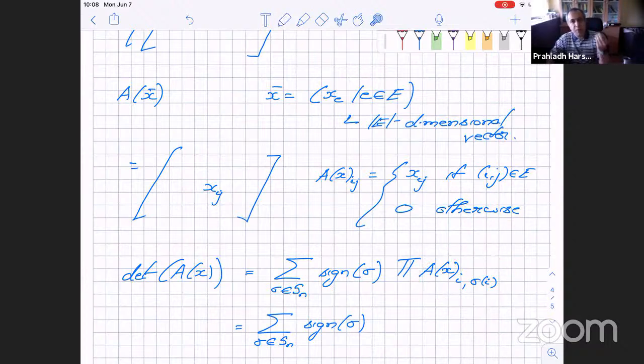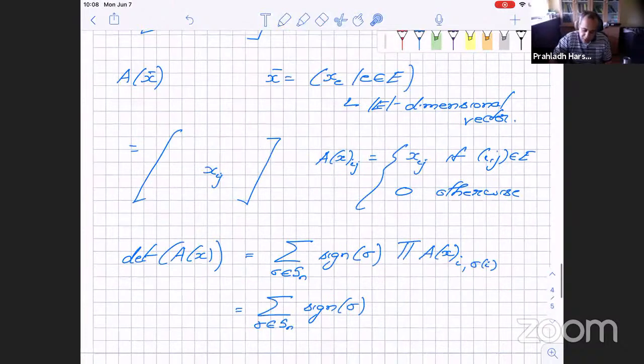This term will survive only if all the edges in the matching are actually there in the graph. Otherwise, this term will become 0. So this is going to go over all the matchings. It's going to be the indicator that sigma is present in E, times the product of x i sigma(i).